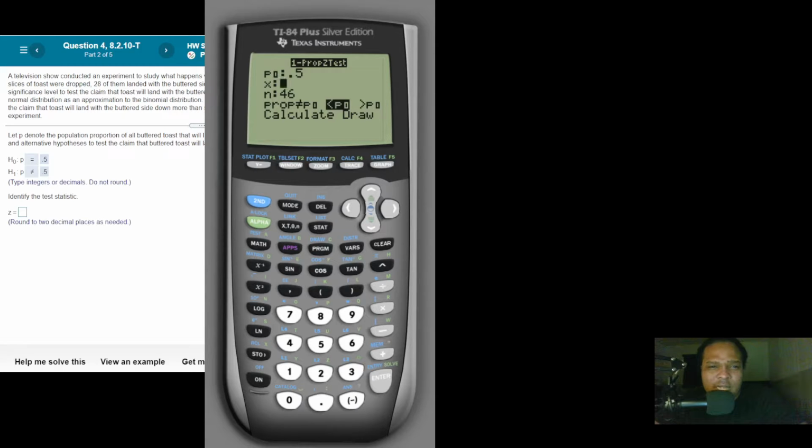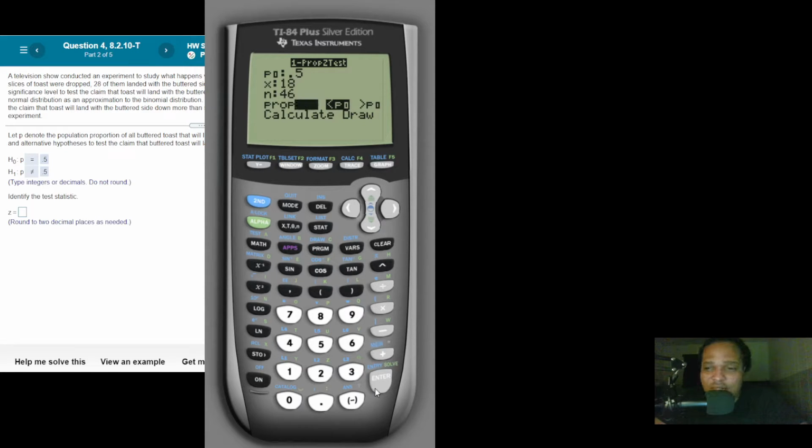We're testing the claim that the buttered toast will land side down, so you need to focus only on the side down portion. 28 was butter side up, 18 was side down, and that's what we're testing. So we're going to use 18 as our X. Don't be so quick to jump the gun like I almost did.